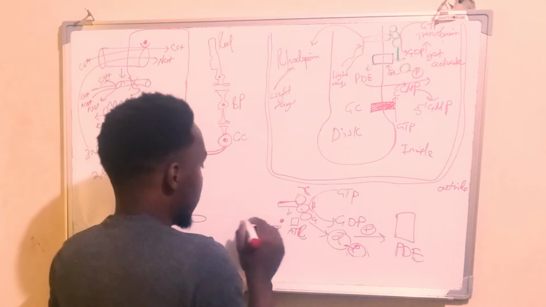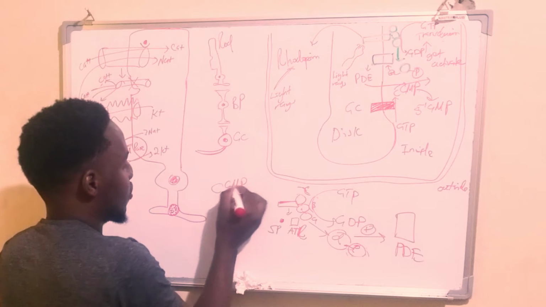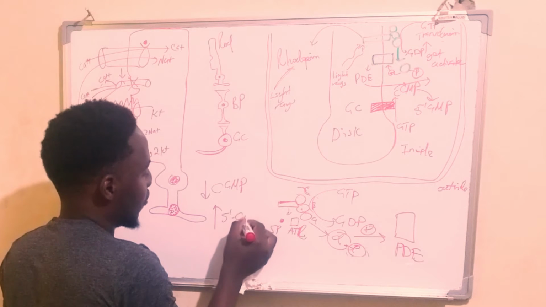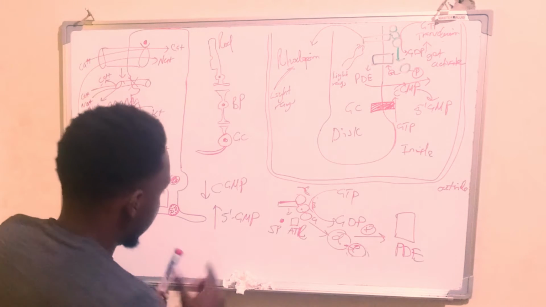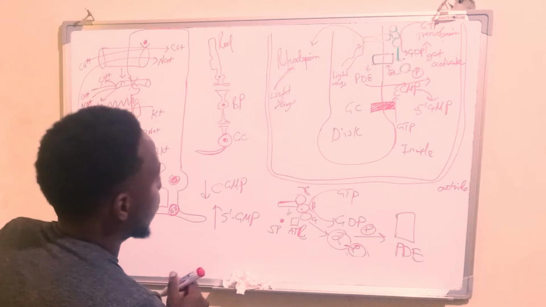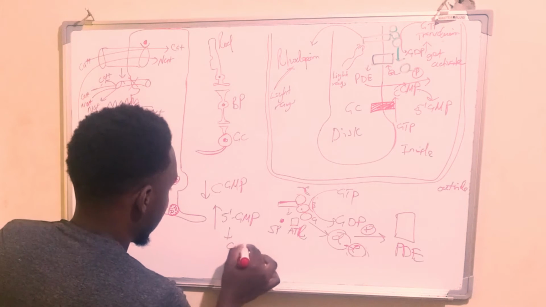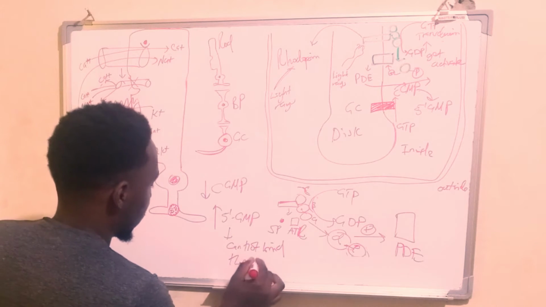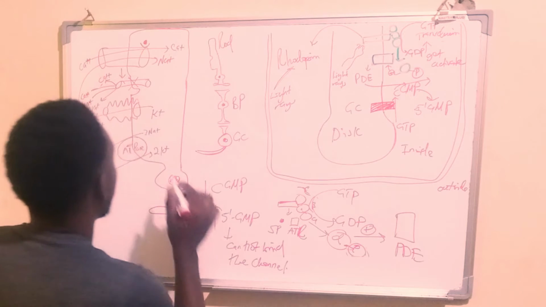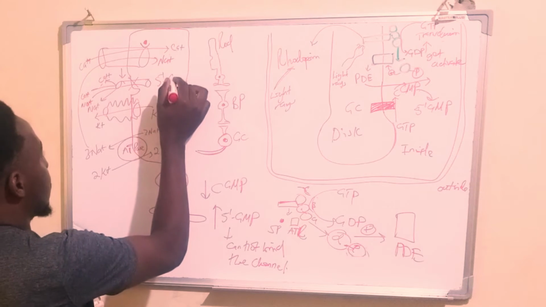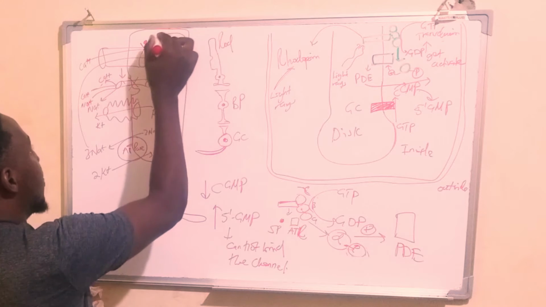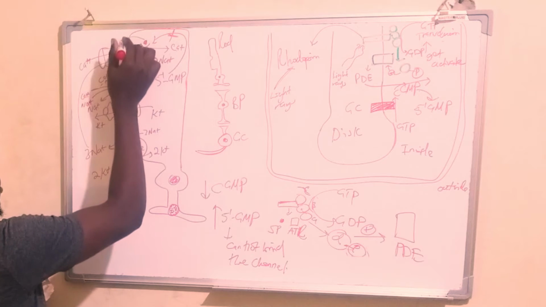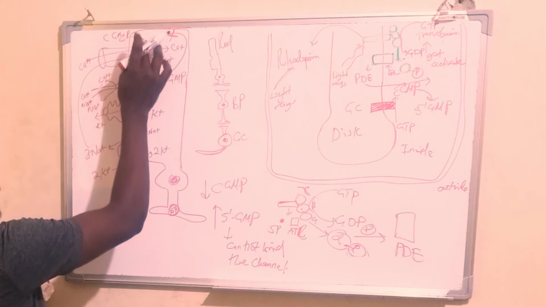Since cGMP levels go down, as the levels of 5' guanosine monophosphate go up, this 5' guanosine monophosphate cannot bind the channels. It cannot bind these channels because cyclic guanosine monophosphate won't be available now.